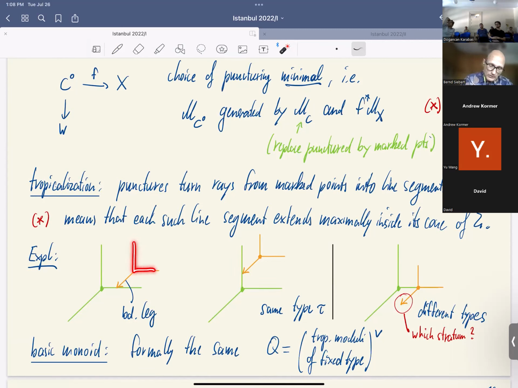So let me look at this thing, okay? This would be one punctured curve you obtain by splitting at this point from this kind of degenerate line, okay? So then you have just one component with a puncture that can take any length here. And that condition tells you that this line segment extends to this point. So we are denoting puncturings by arrows, and you just extend the arrow as much as you can.